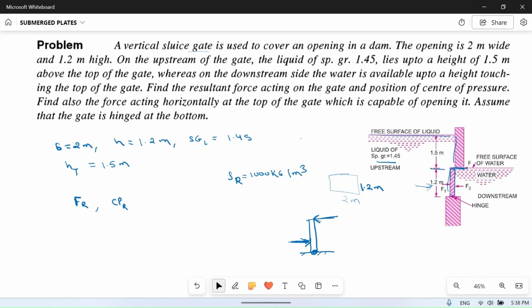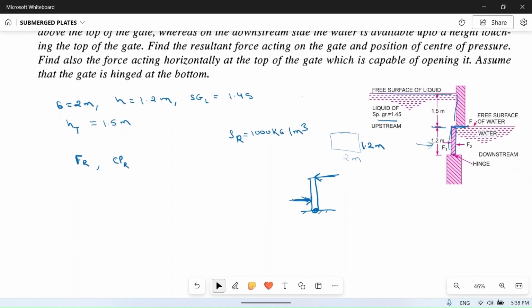Okay, so first of all, on the left side we have specific gravity 1.45. So the density of liquid on the left side will be equal to specific gravity into density of water.